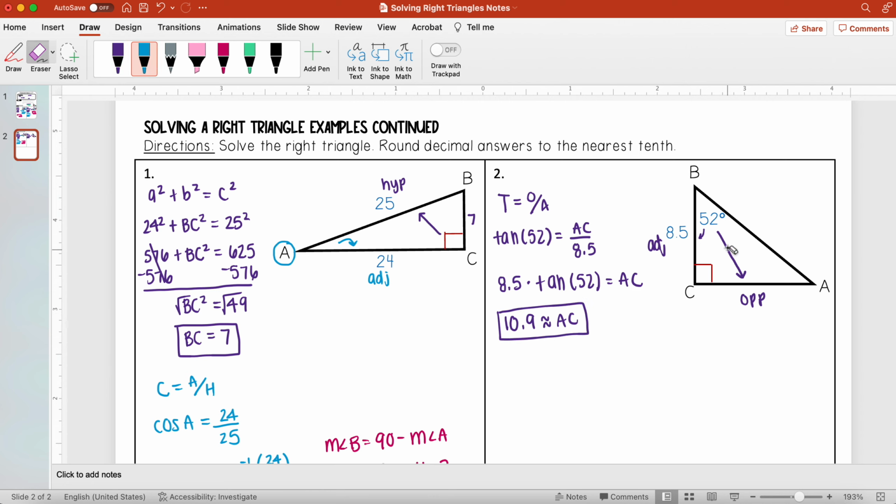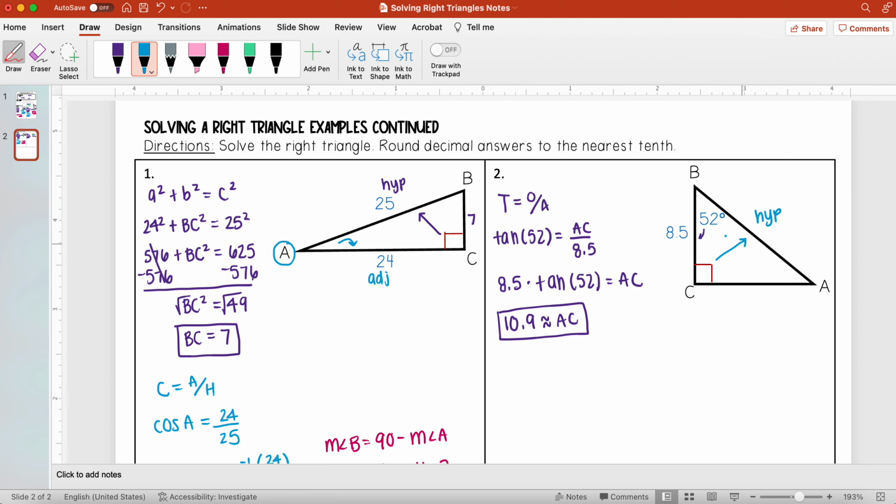Okay, and now working again with angle B in this 52 degrees, I need to find the measure of side AB. And so I know side length AB is my hypotenuse. And for this, I want to make sure I'm still sticking with my 8.5 over here, because that is a for sure measure.